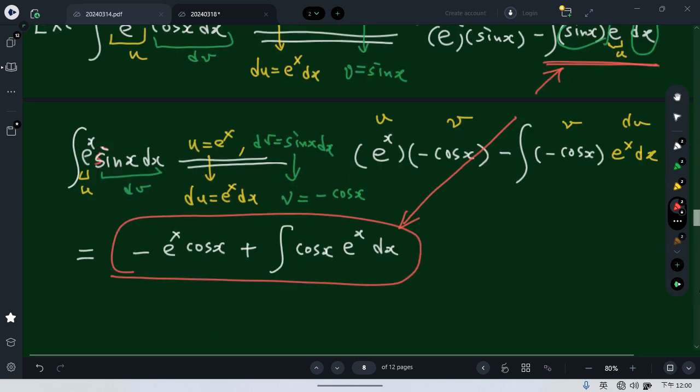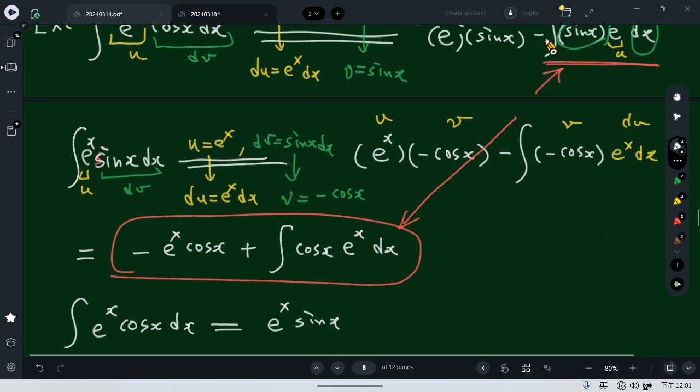So we can put it together, that the original one is this one. It will become exponential x sine x minus, don't forget here is a minus, right? Minus this term.